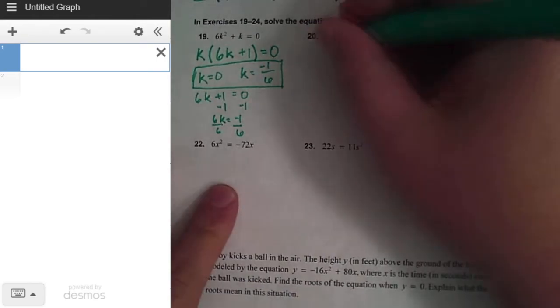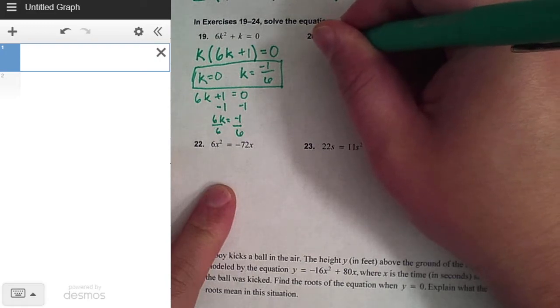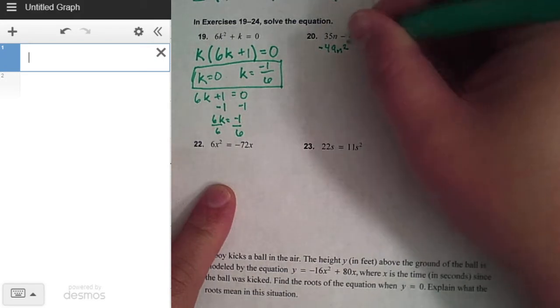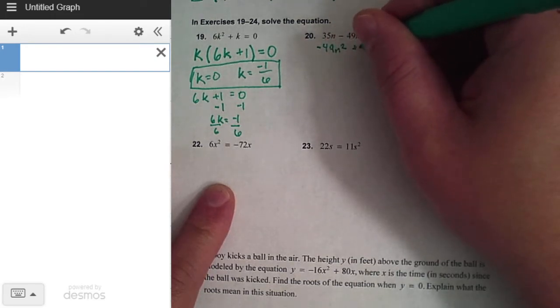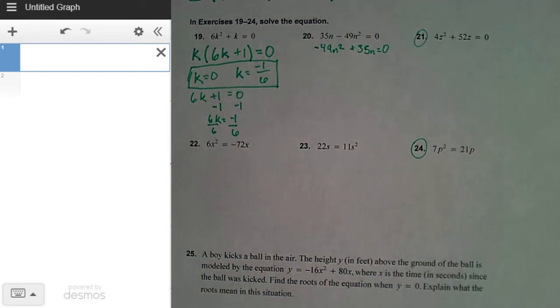So sometimes it makes better sense to me to go ahead and rewrite this in standard form. So remember, that's when I have the highest power or highest degree in my polynomial written first. So I'm rewriting that as negative 49n squared plus 35n is equal to 0.